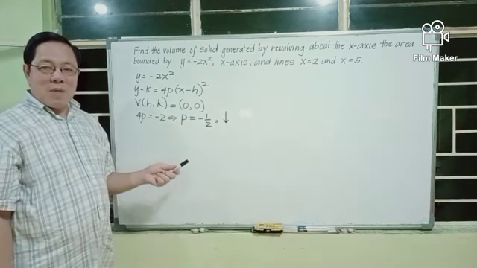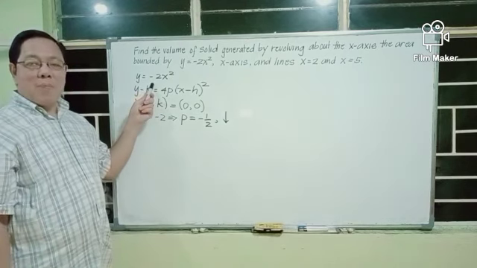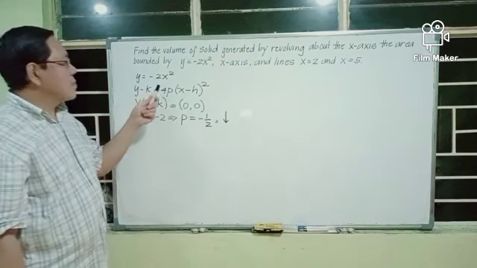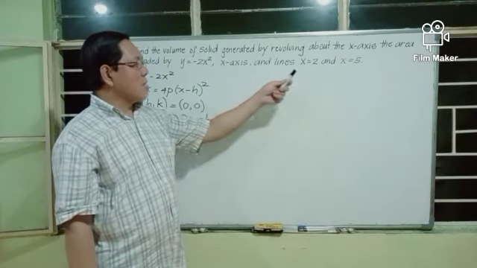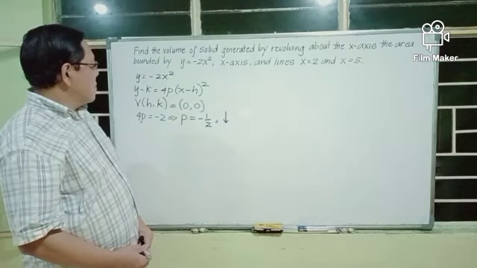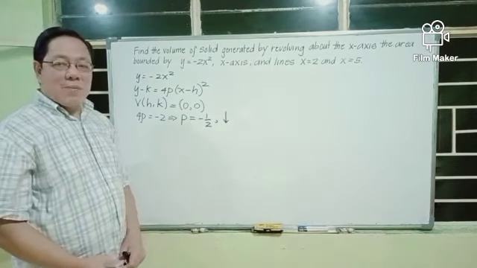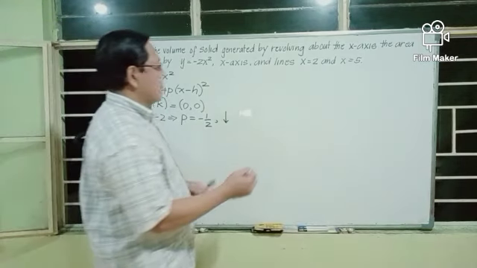The area will be bounded by a part of the graph of the parabola with this equation, the x-axis, and the lines x equals 2 and x equals 5. We start by sketching the graph of the parabola with this equation.